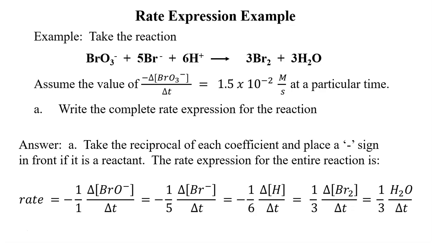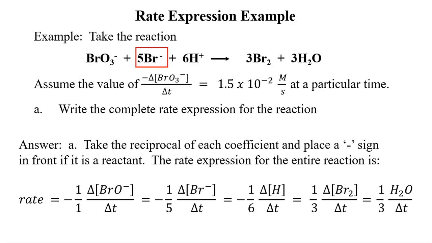So the first requirement here is write the complete rate expression for this reaction. What we simply do is first write the rate expression for the BrO3, and since its coefficient is 1, well, 1 over 1 is just 1. And you do put a negative sign in front of it because it's a reactant, it's being used up. Next, we go to 5Br.